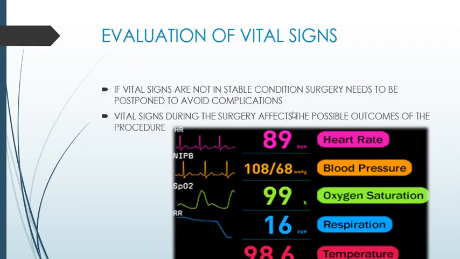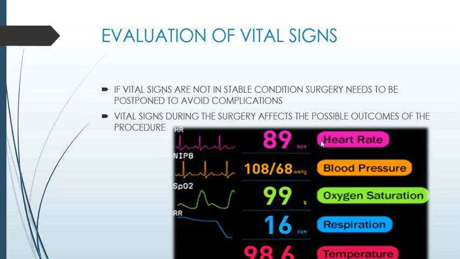Next, evaluation of vital signs of the patient. This is important. Before the surgery, vital signs of the patient are checked, and if any discrepancy or any abnormality is found in those vital signs, it is not good for the surgery, and we need to make the patient comfortable, and vital signs should be as stable as possible.